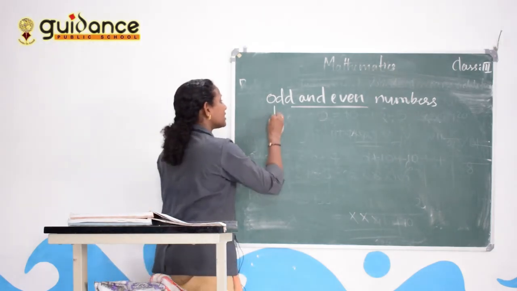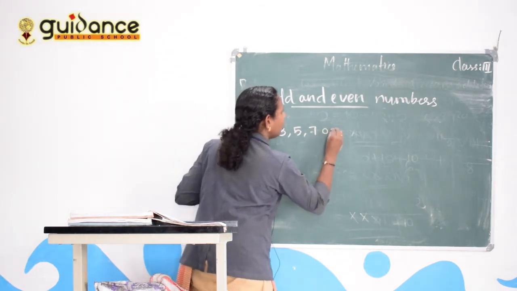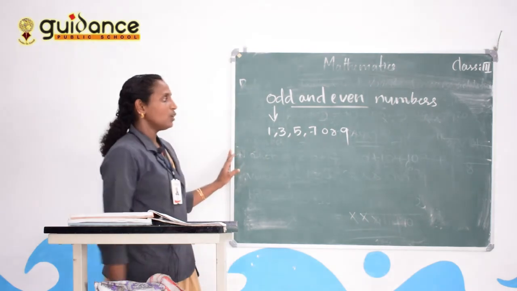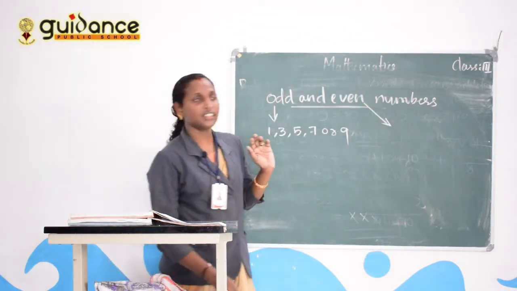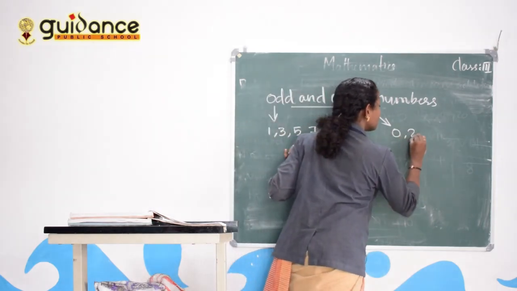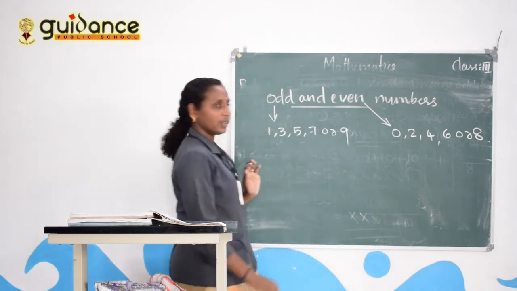What's an even number? The numbers that end with 0, 2, 4, 6 or 8.